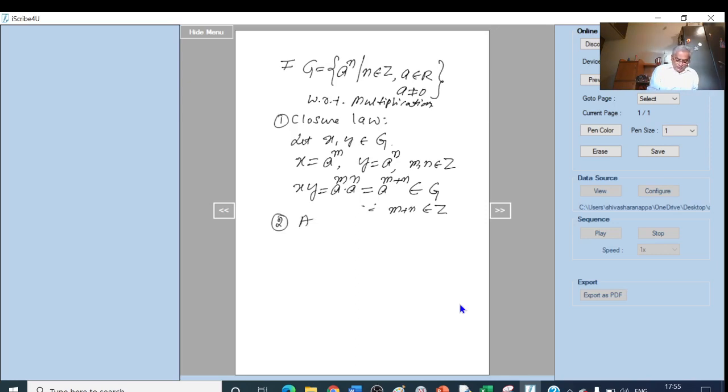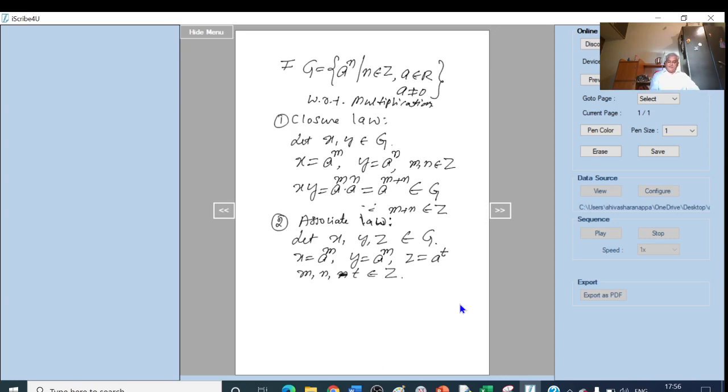What about the second? Associative law. Let me consider three elements x, y, z belonging to G. Then x is equal to, say, a to the power of m, y equal to a to the power of n, and z is equal to a to the power of t, where m, n, t belong to Z. These are integers.